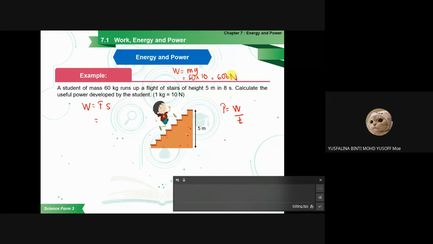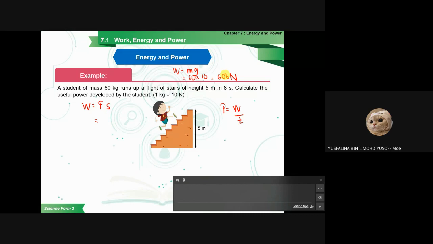Remember, weight is in Newton, mass is in kg. Weight and mass are different things. Mass does not depend on the gravitational force. So let's say if you are on earth, your mass is, for example, 70 kg. If you go to the moon, your mass is still 70 kg.